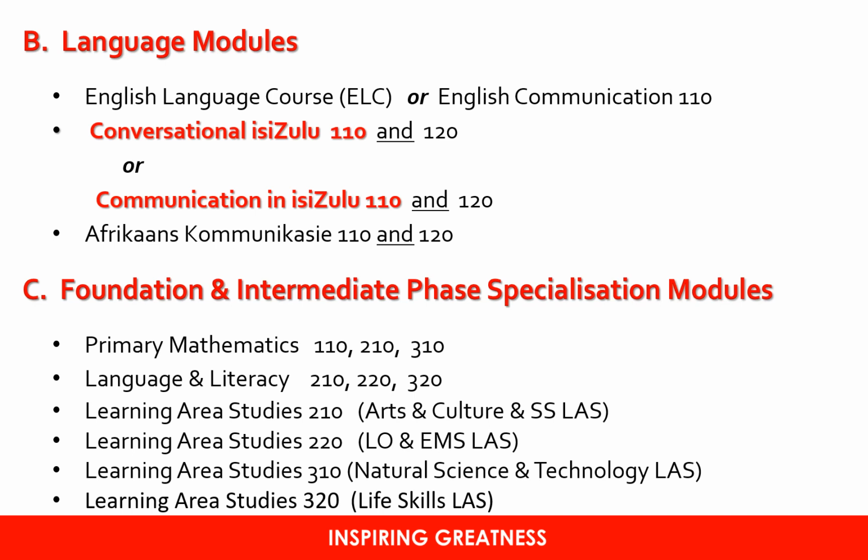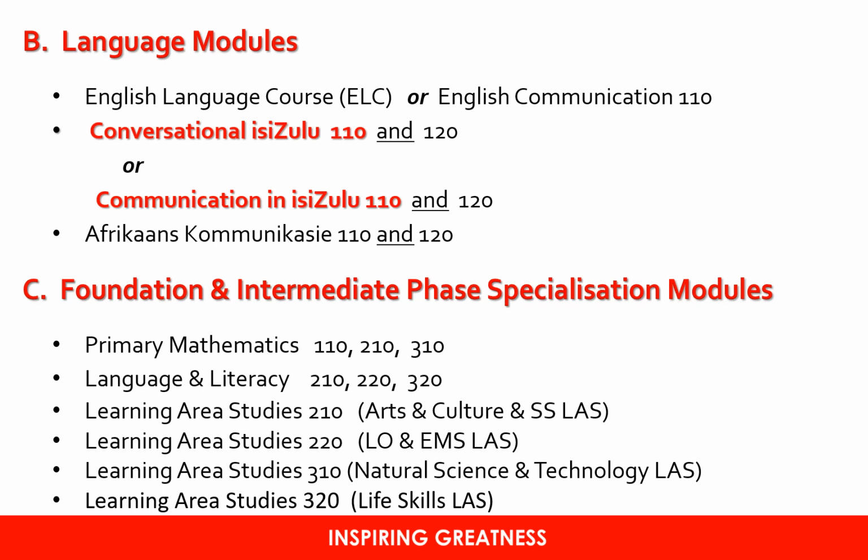Now, the next set of modules are your foundation and intermediate phase specialization modules. So here we have primary mathematics 110, 210, and this year you will be registering for 310. Language and literacy, you should have passed 210 and 220 already and should be registering for 320 this year.